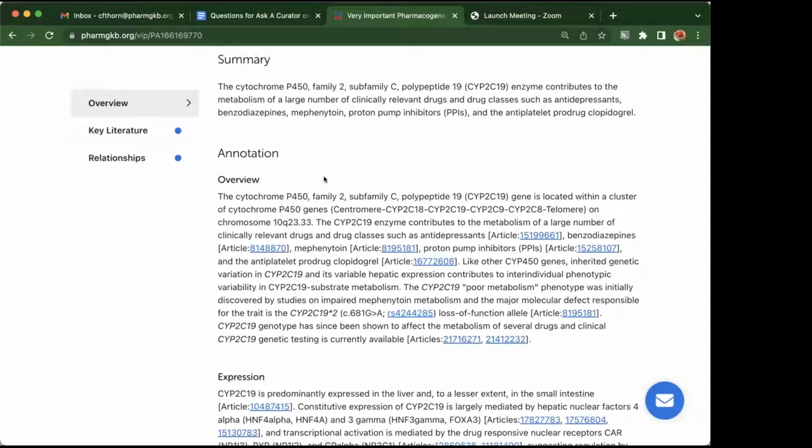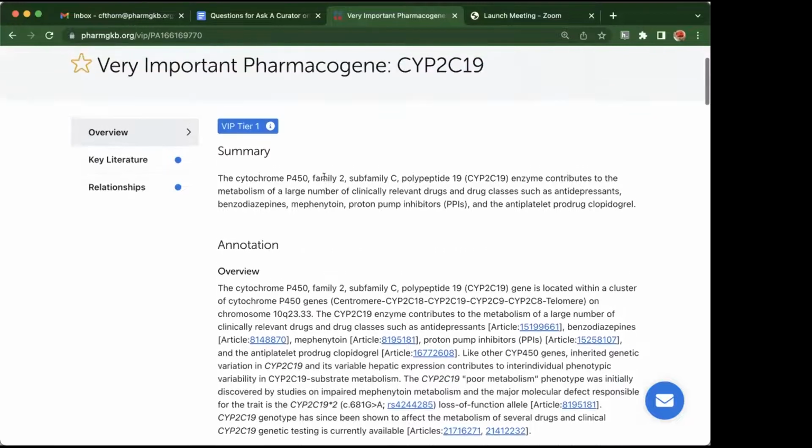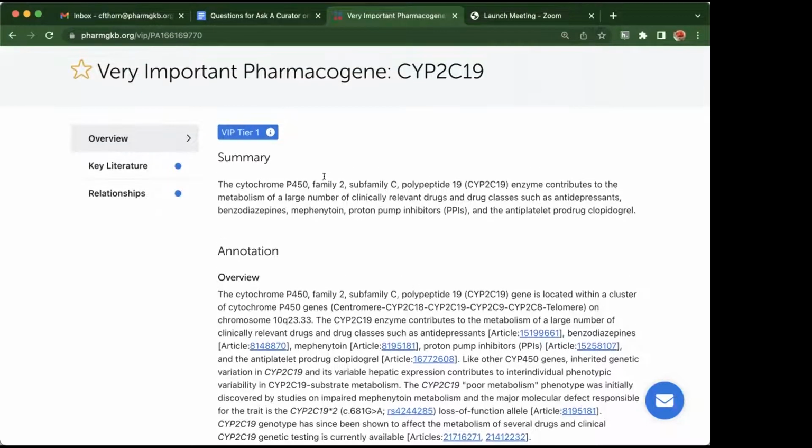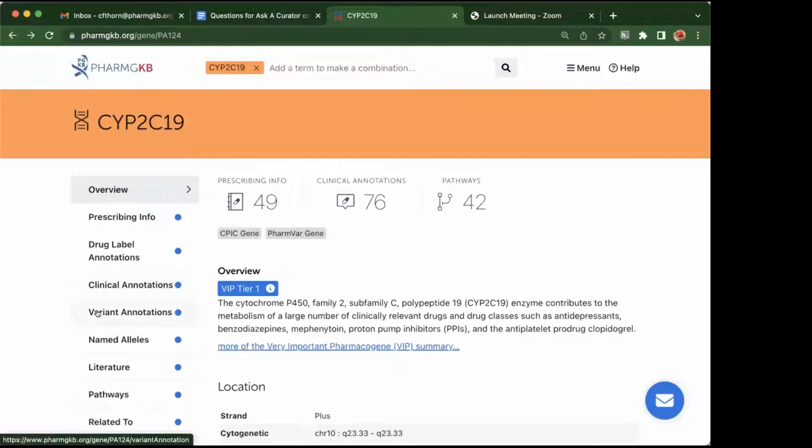But we are not continually updating them to add in new publications on the pharmacogenomics side, because overall those are coming in and being captured in other places. If we were to put in the papers from every variant annotation on some of these genes, we would just be pulling them in forever.